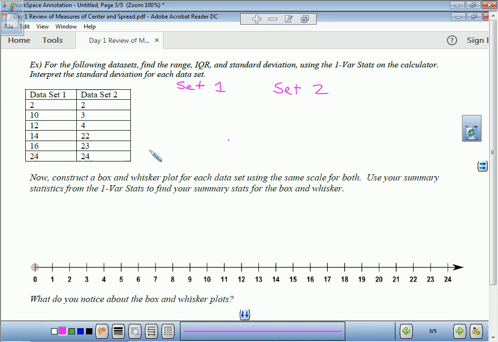You take the min, you draw a line from quartile 1, so we draw a box from quartile 1 to quartile 3. It's all just calculated.